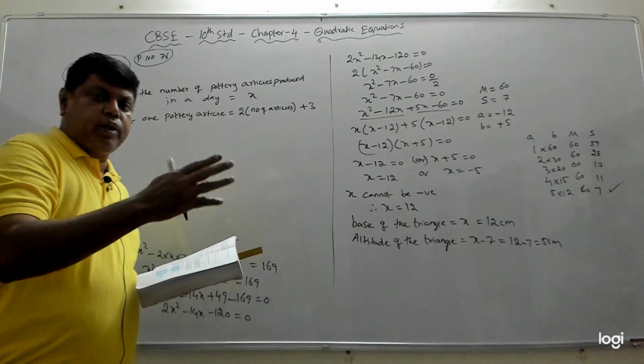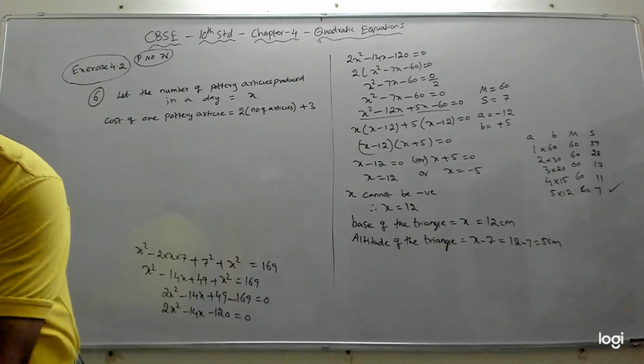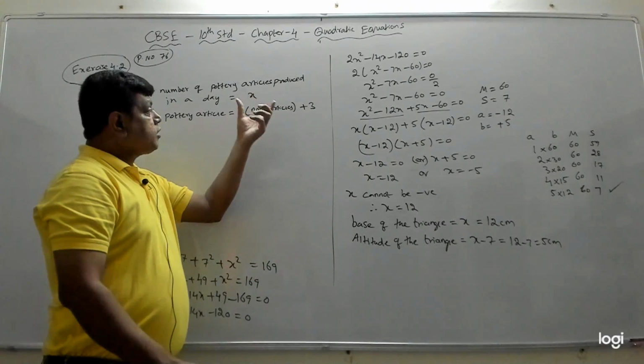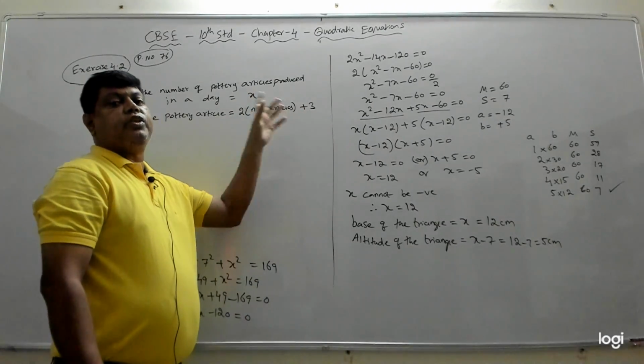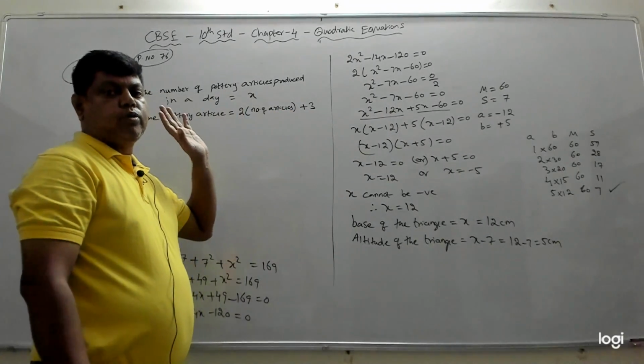When they say 3 more than twice the number of articles produced on a day, we should first write 2 times the number of articles produced plus 3. This is the meaning of 3 more than 2 times the number of articles produced.